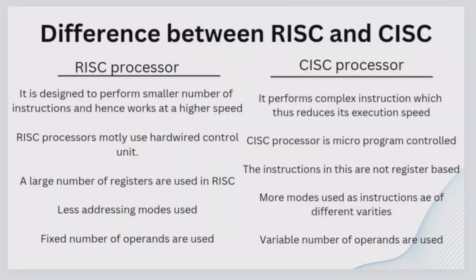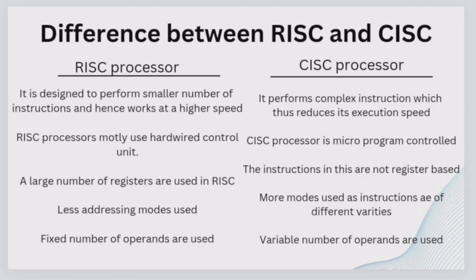Now let's summarize RISC and CISC processors by studying the difference between them. Now first of all, the RISC processor is used to perform smaller number of instructions, and as it performs lesser instructions, it works at a higher speed.